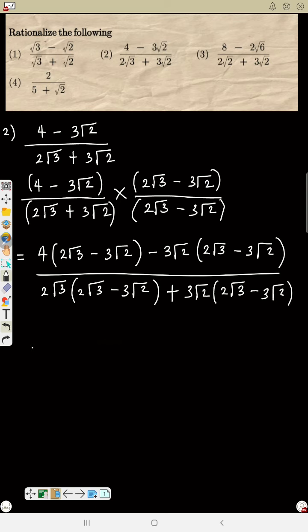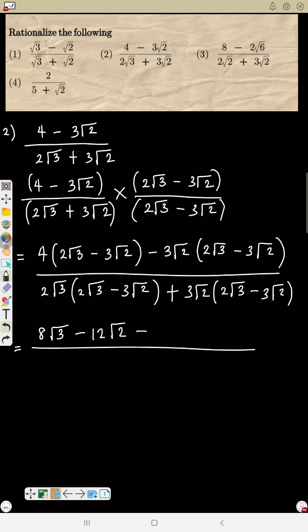Now this is the same thing as expand. So now this will be 4 times 2, the number outside with the number outside, that is 8 root 3. Again 4 times 2, 8, then root 3. Again 4 times 3, 12. So this will be minus 12 root 2.